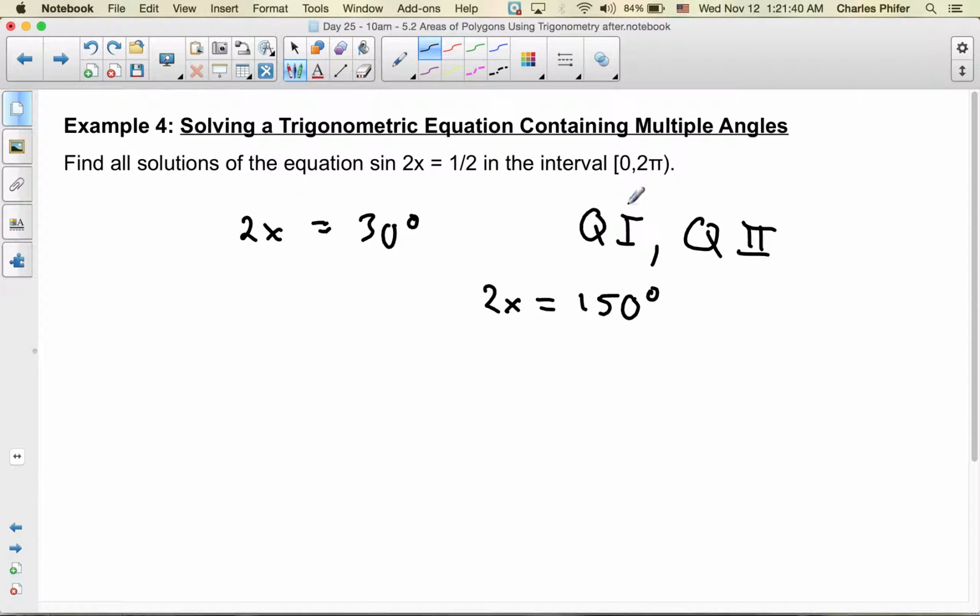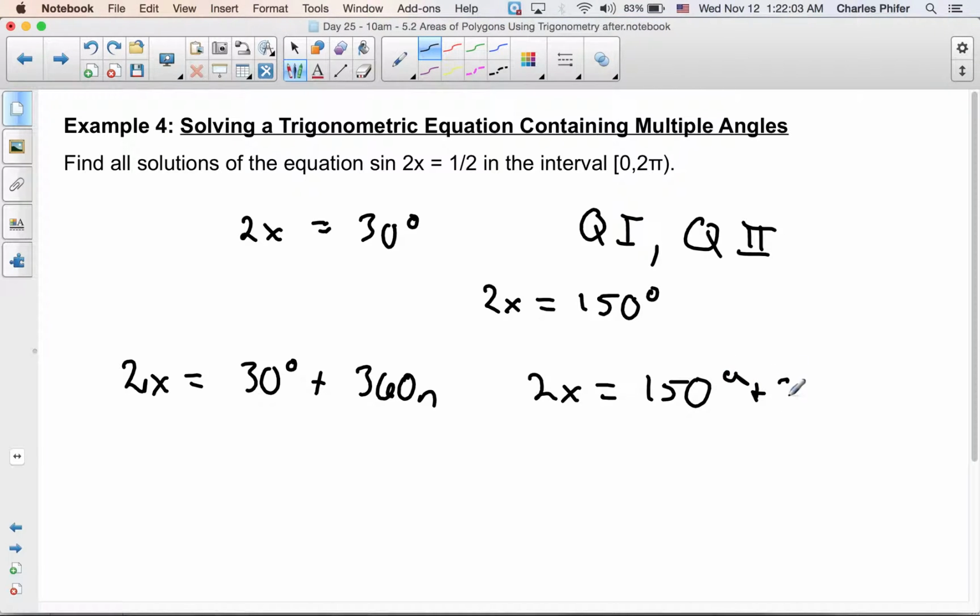0 to 360. So we need 2x to be equal to 30 degrees plus 360n, and we need 2x to be equal to 150 degrees plus 360n.